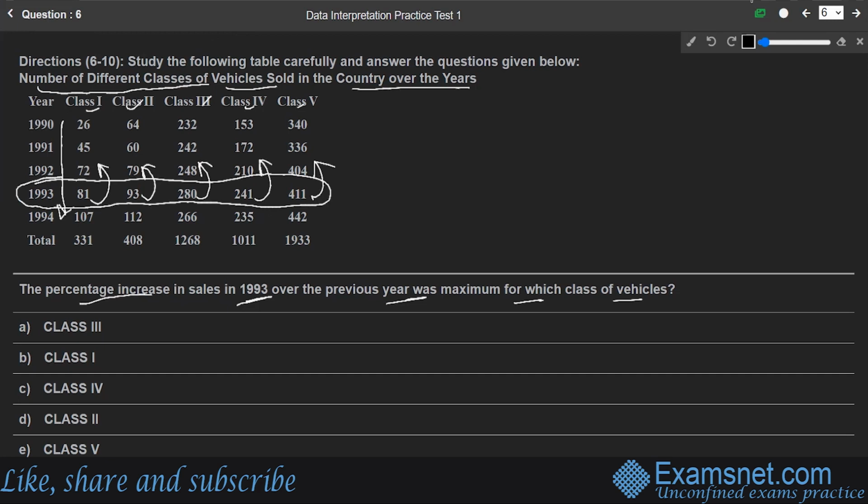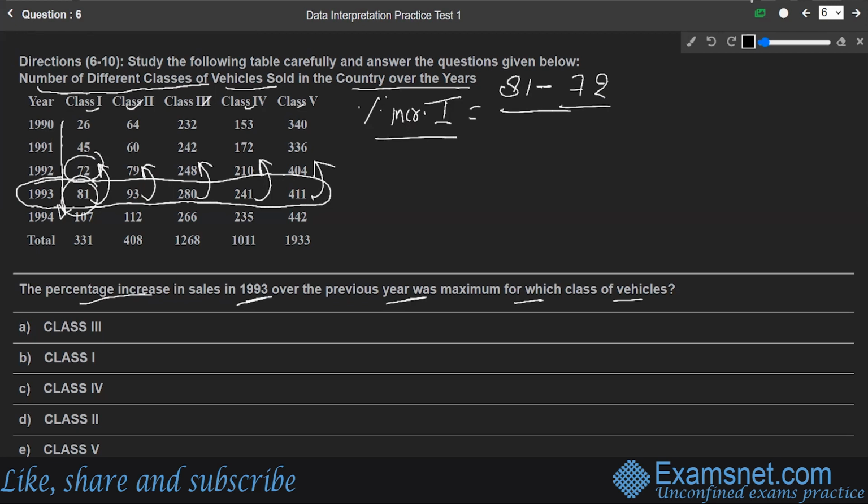For example, if you want to calculate the percentage increase for class number 1, see, in 1993 the value is 81. So 81 minus, in 1992, the previous year, the value is 72. That difference is the actual increase.